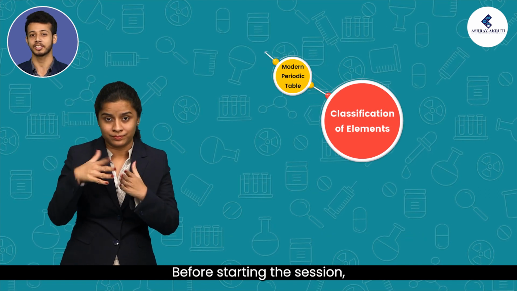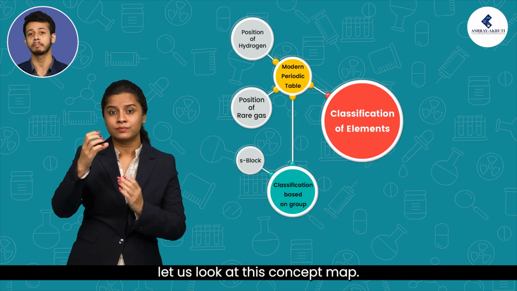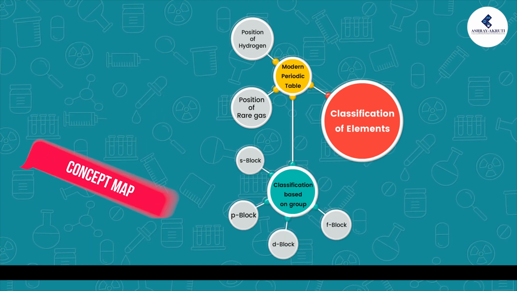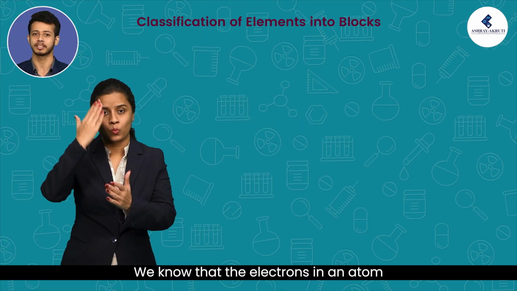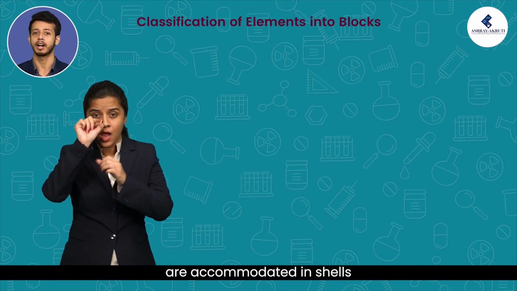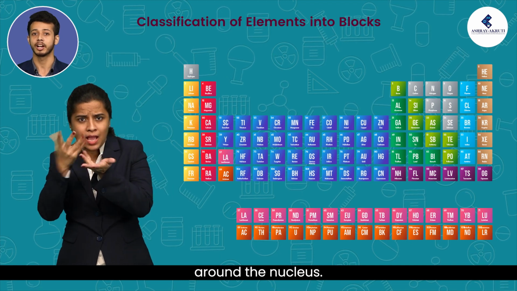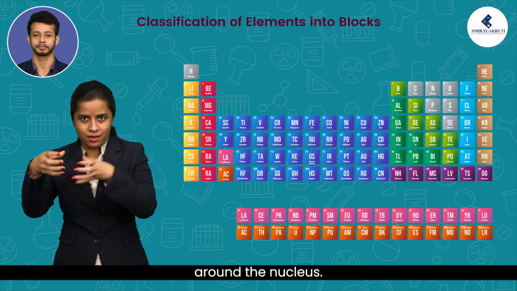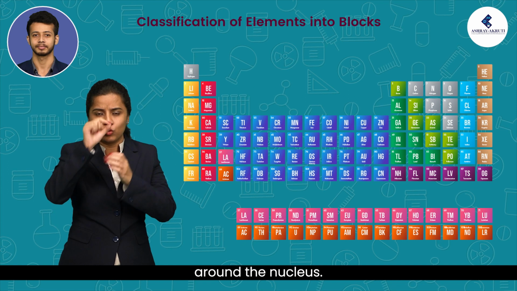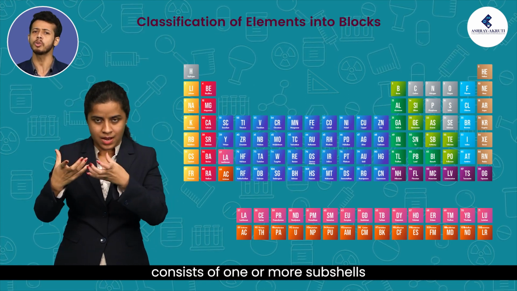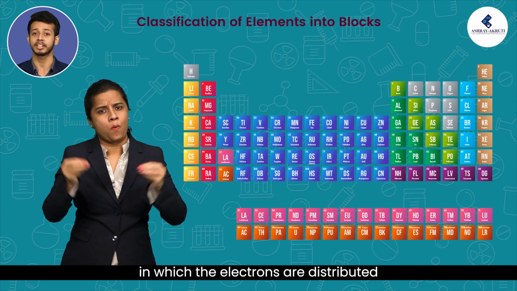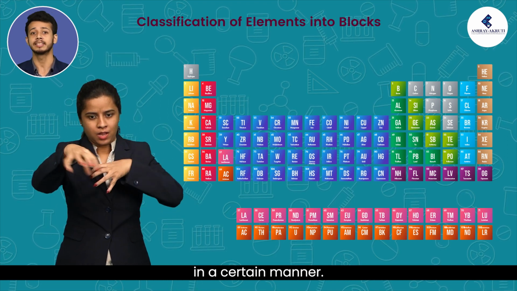Before starting the session, let us look at this concept map. We know that the electrons in an atom are accommodated in shells around the nucleus. Each shell consists of one or more subshells in which the electrons are distributed in a certain manner.